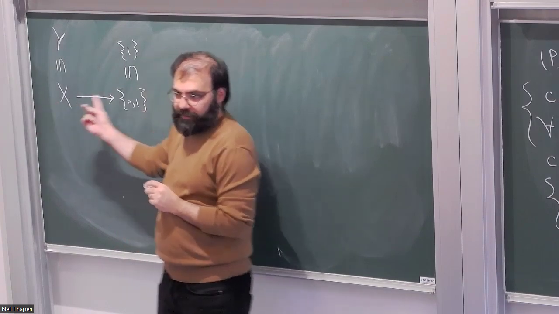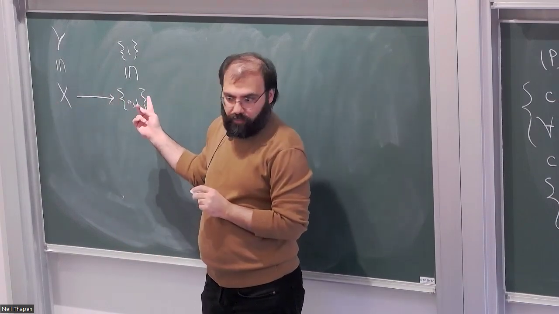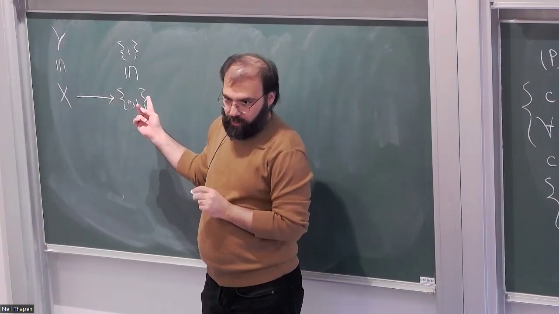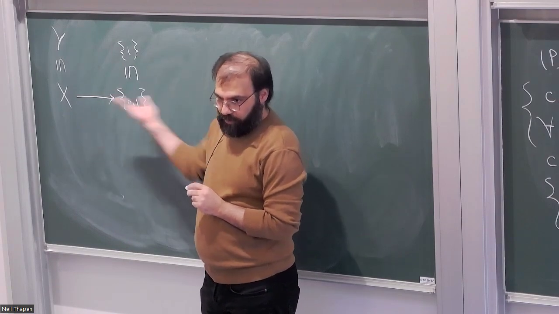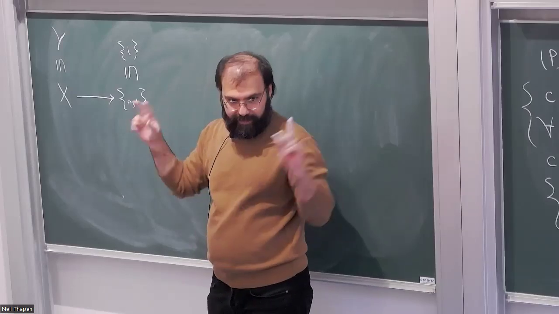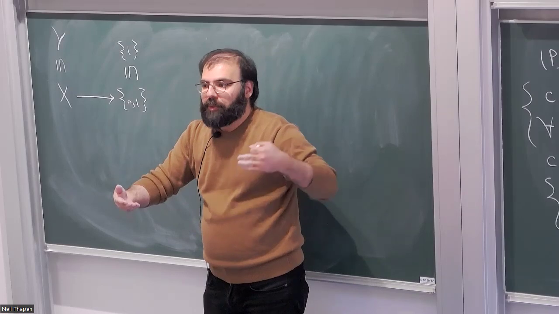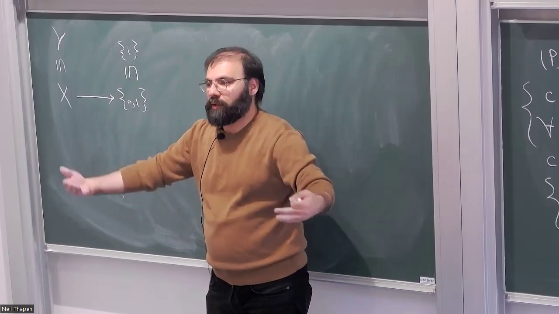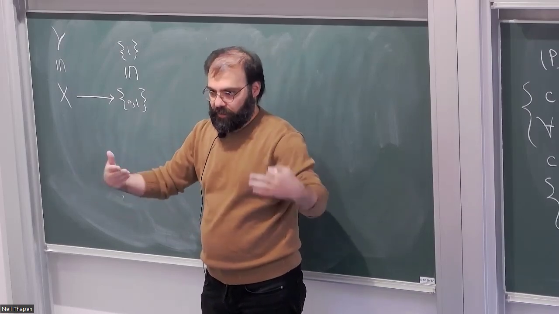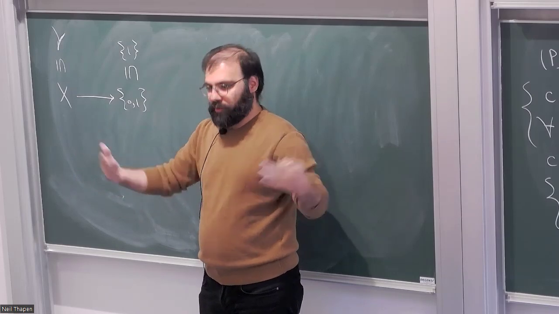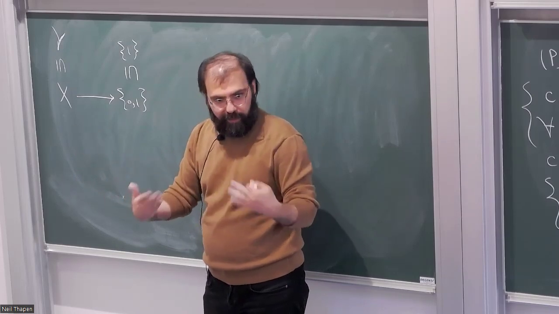If it is in Y, it maps it to 1, otherwise to 0, right? Any relation has a characteristic function. This is the set theoretic thing that we have. It is very important because you map substructures to functions. This relation-function connection seems not that important, but it's really powerful.